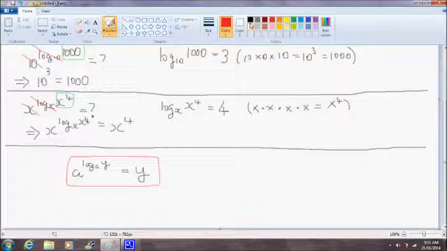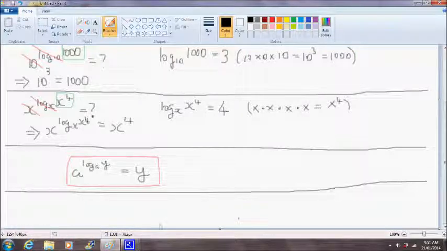So let's do an example of that. Let's say I have log of 3x minus 1 equals 1. Now, whenever I have log without anything, it's always assumed that it is log to the base 10. So log to the base 10 is abbreviated to just log.